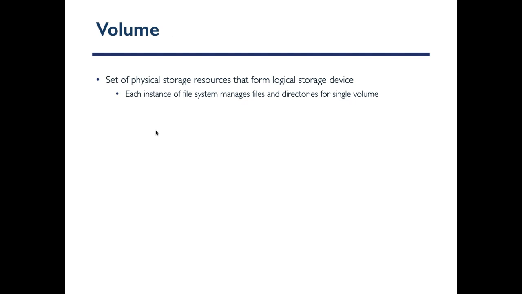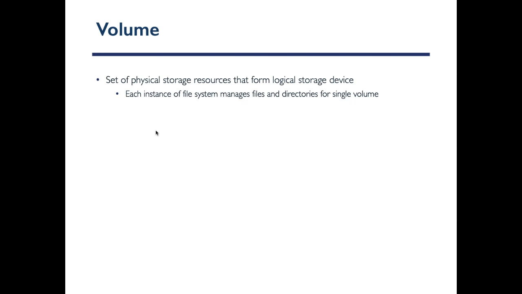Now, each instance of a file system can work with a single volume. So again, you could potentially have multiple magnetic storage devices create one big volume and let your file system take care of the entire volume.